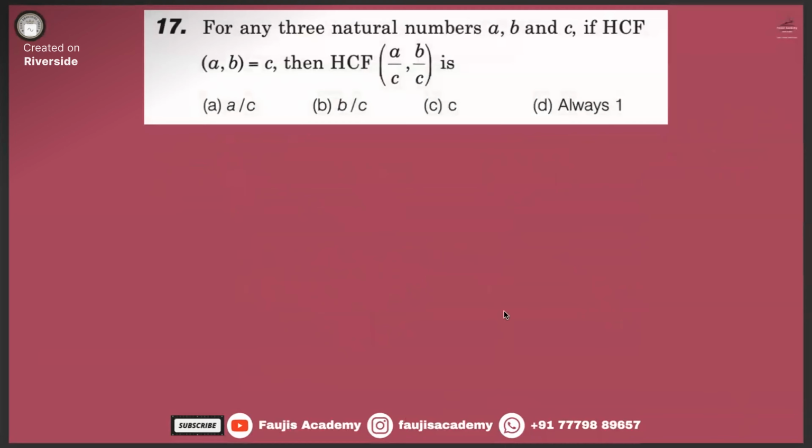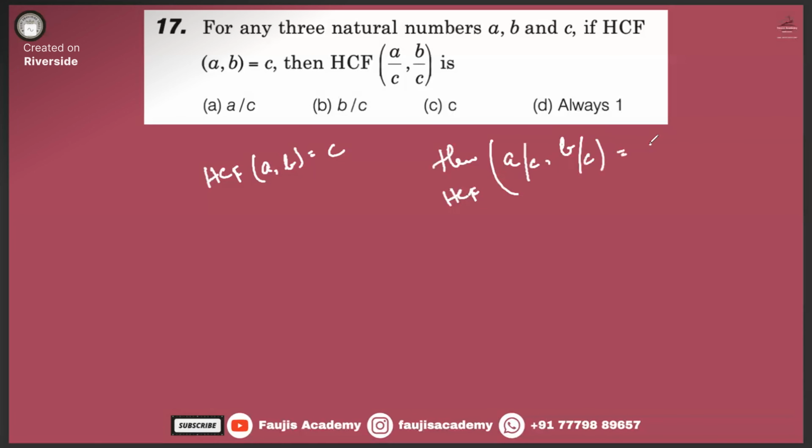I don't think so. Yes, for any three natural numbers A, B, C, if HCF of A, comma B is equal to C, then let's take some random numbers. HCF of A, comma B is equal to C. Then HCF of A by C, comma B by C, they have asked is what?